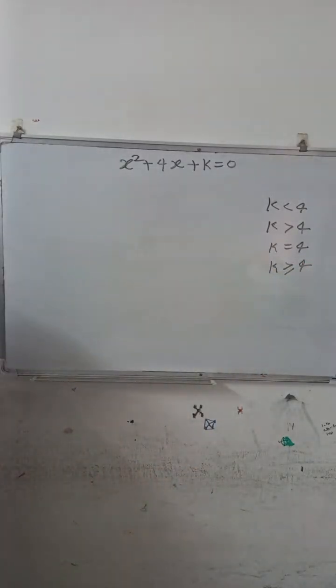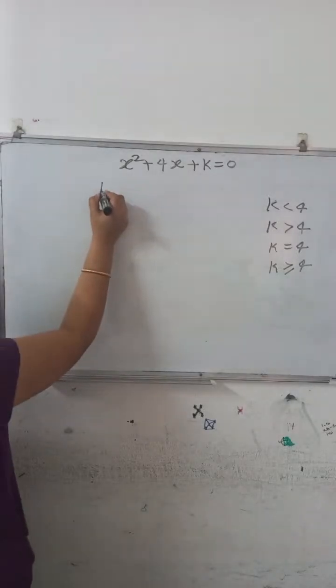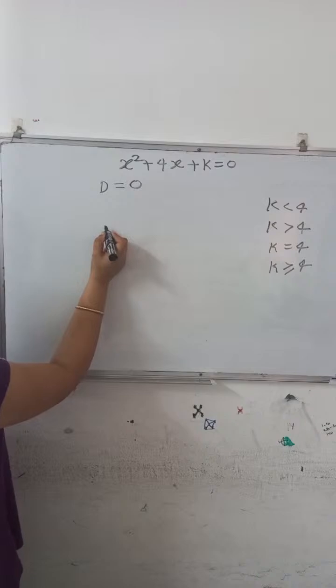Okay, so these are the options. A very important thing, you have to read it carefully. If you are not able to read the questions properly, then you will not get the answer. Here they are saying this is a quadratic equation and it has real and equal roots. That means you can take discriminant is equal to 0.